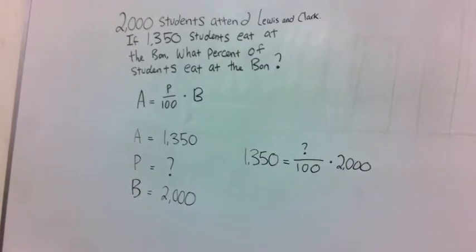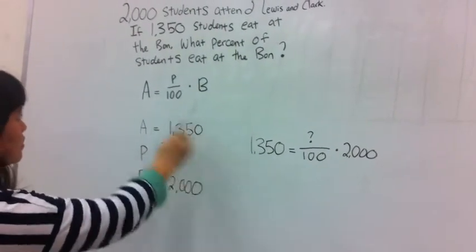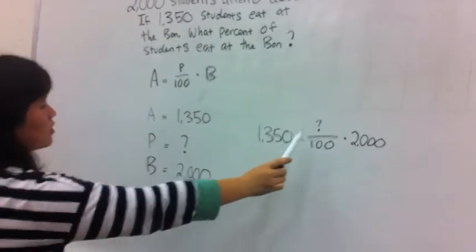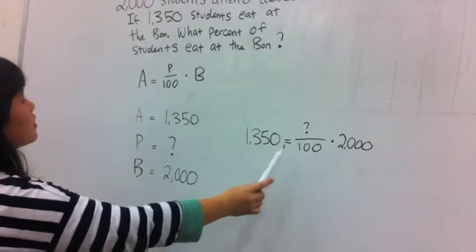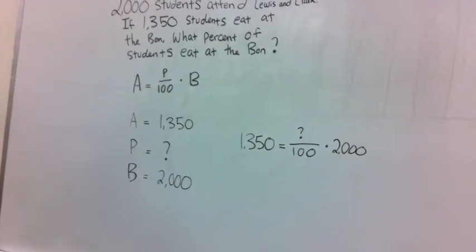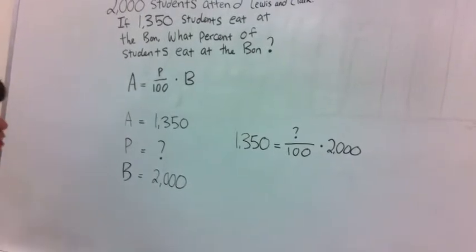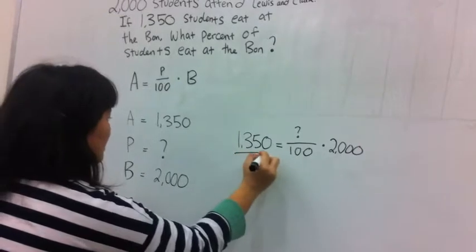And so first we would have 1,350, A, equals whatever the percent is over 100 times the 2,000 students. And so the first step to solve the problem would be to divide both sides by 2,000.